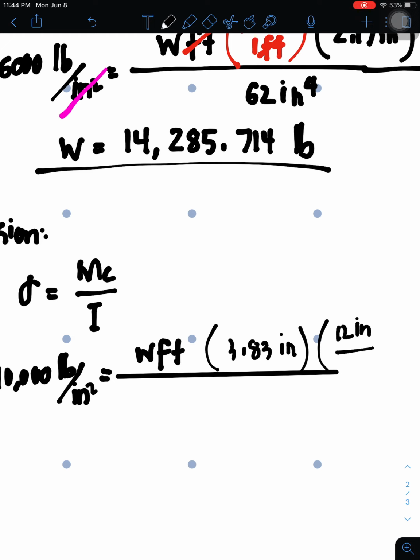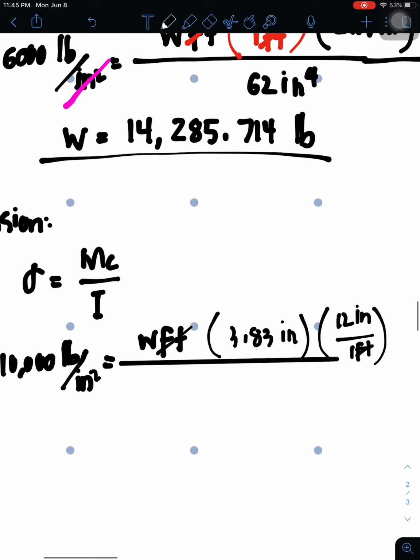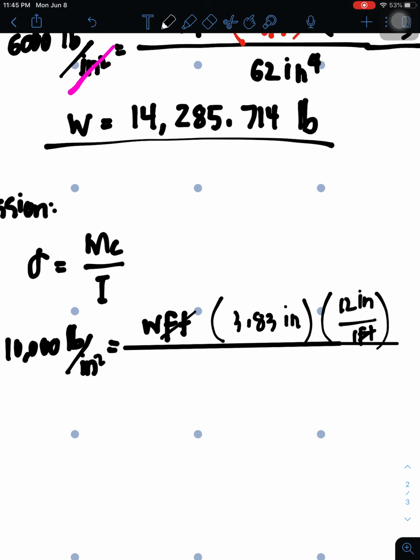And also the conversion, 12 inches over 1 foot, then cancel out. And then you have divided by 62 inches to the fourth.